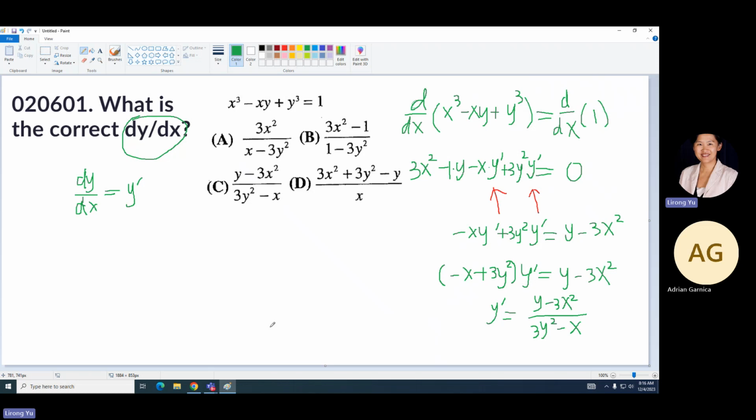Then, after finishing the differentiation, identify where the derivative is and solve for it.